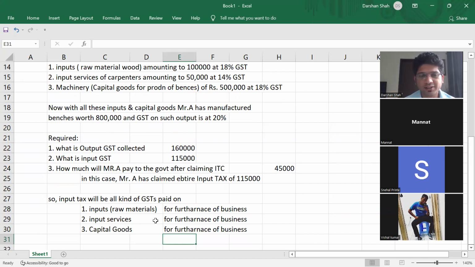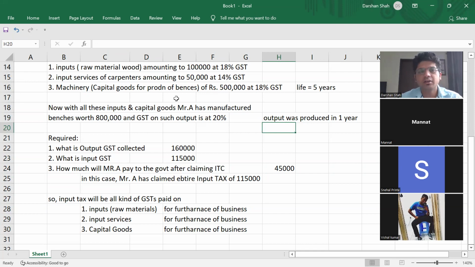For example, this output was only, let us say, produced in 1 year, and the life of the capital goods is 5 years. This output was produced in 1 year.